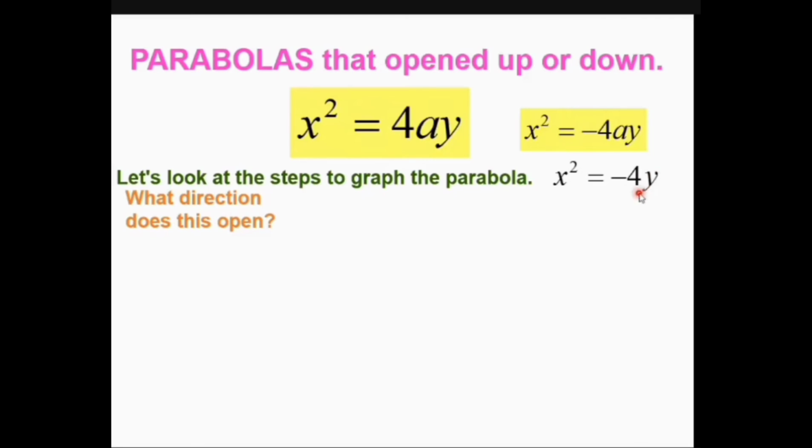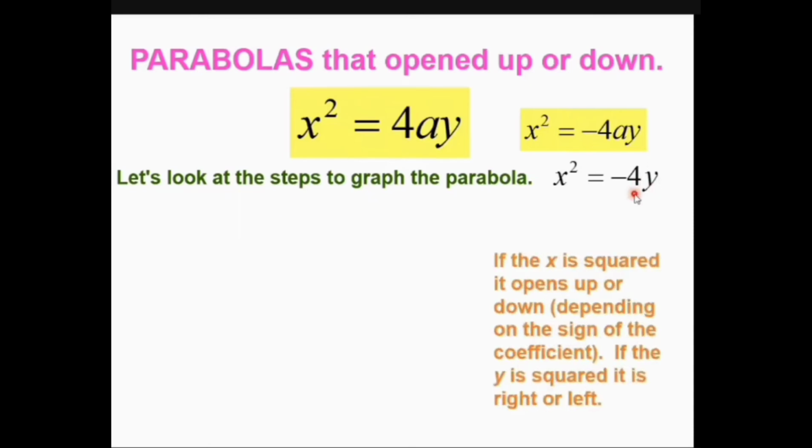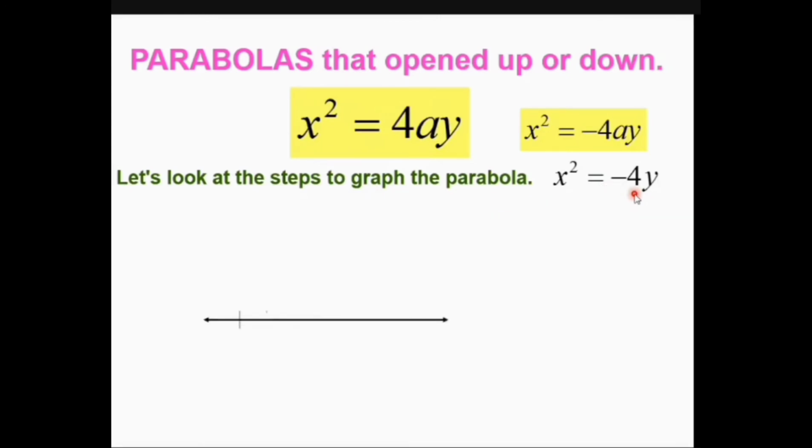Negative 4, the coefficient of y is negative, meaning it opens downward. Okay, so we have here a Cartesian plane. And here is the vertex of the parabola.